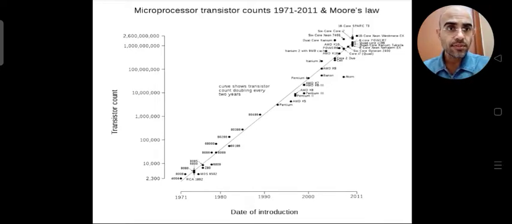It is increasing linearly up to 2011. After 2011, I did not have that chart with me, but the law still holds true, and the number of transistors keeps increasing day by day, multiplying by a factor of 2 every 2 years.